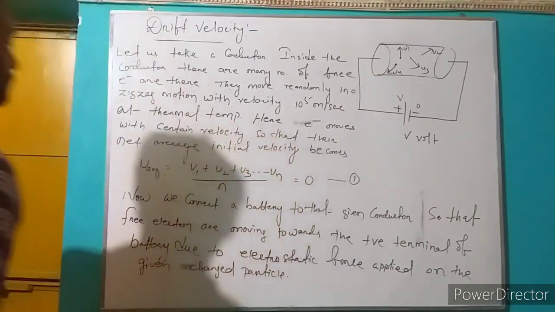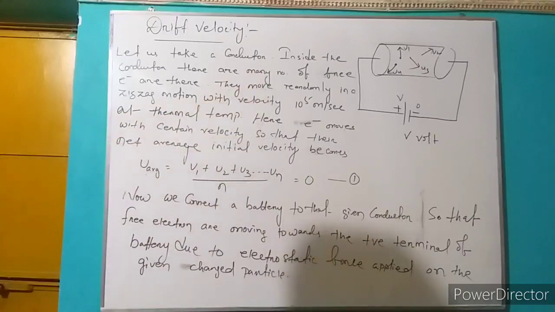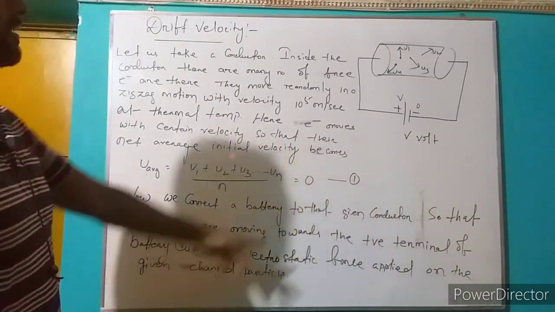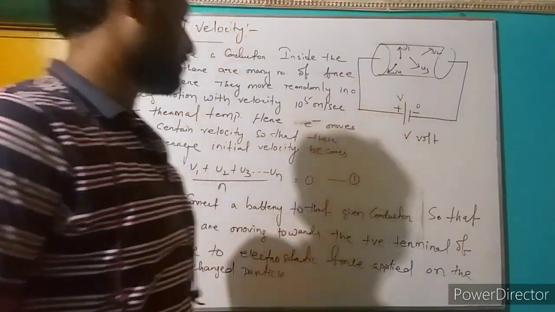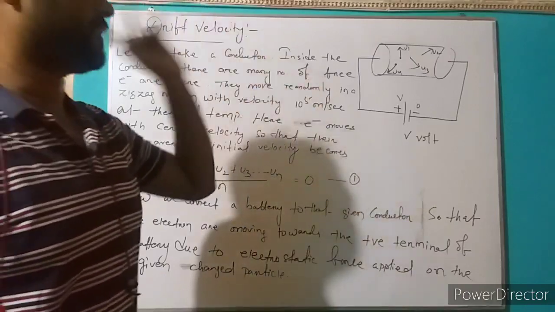Clear? So when we connect the battery to the conductor, the free electrons move toward the positive terminal of the battery due to the electrostatic force applied on them.